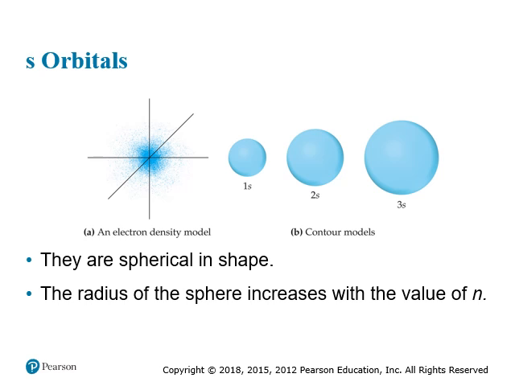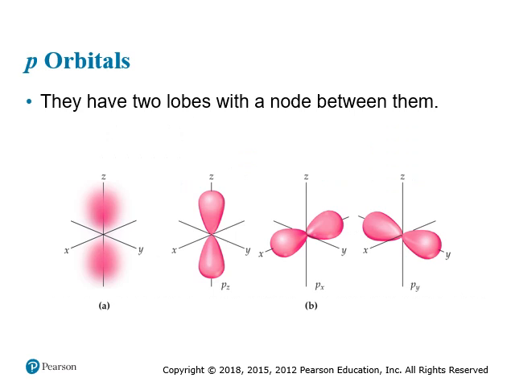You'll note the difference in the orbitals in terms of the shape, or the solutions to the Schrödinger equation that give rise to different spatial orientations about the nucleus. Noting the difference between the spherical s orbital and the lobe-shaped p orbitals, we see that p orbitals have two lobes of electron density along three different axes, the x, the y, and the z-axis.